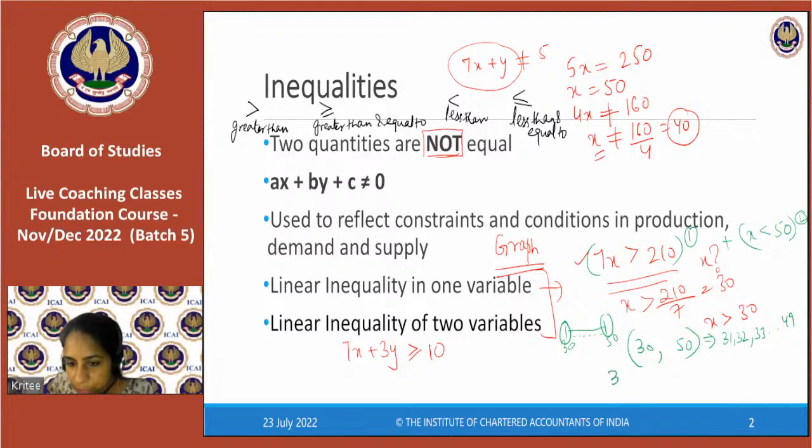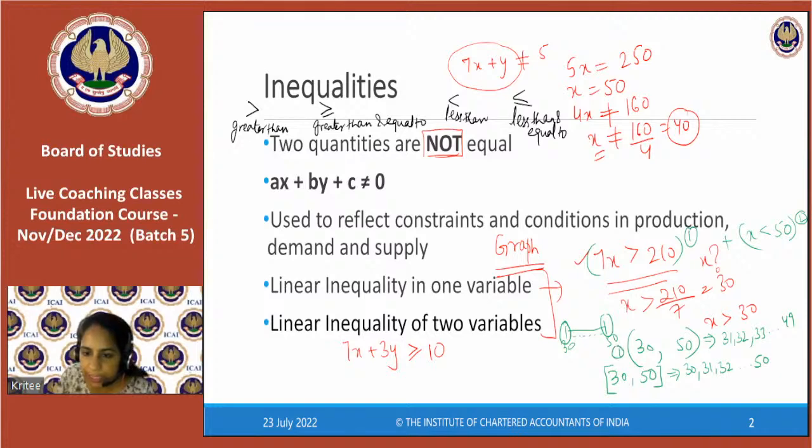But if I'm using a closed bracket here, it means my values will range from 30. I will include 30 also here: 30, 31, 32 till 50. That is what a closed bracket means.